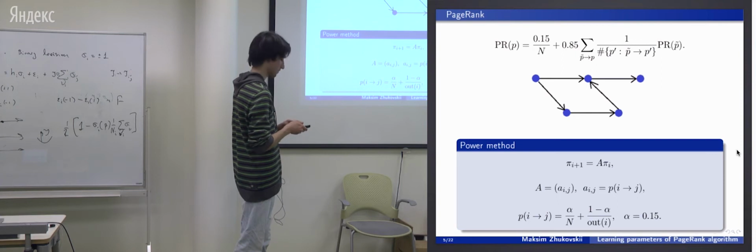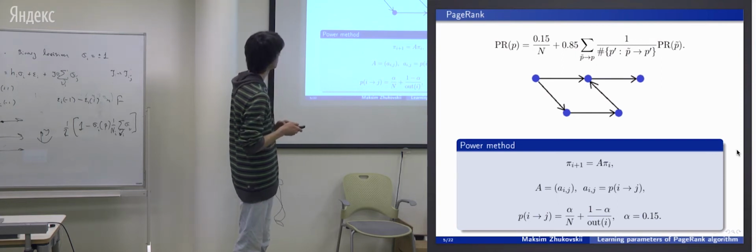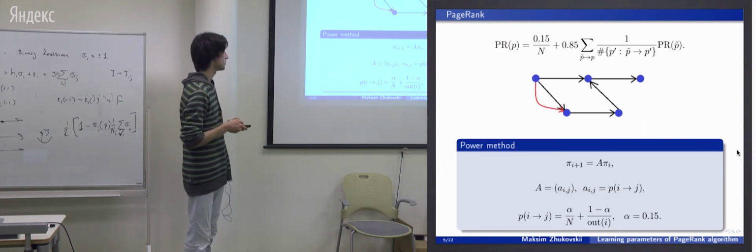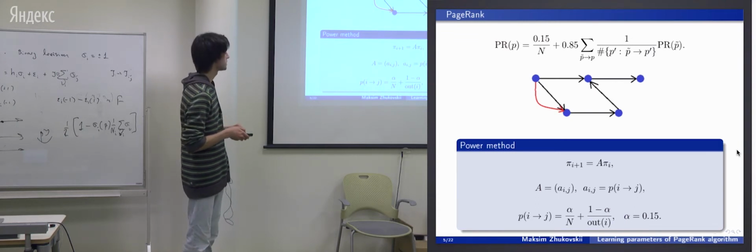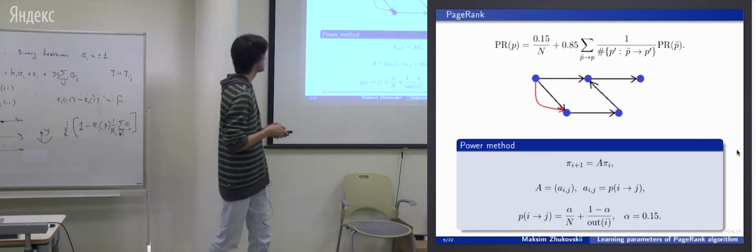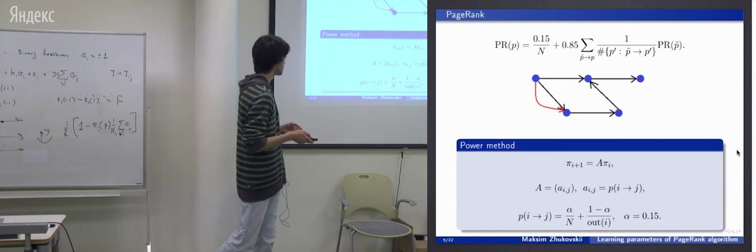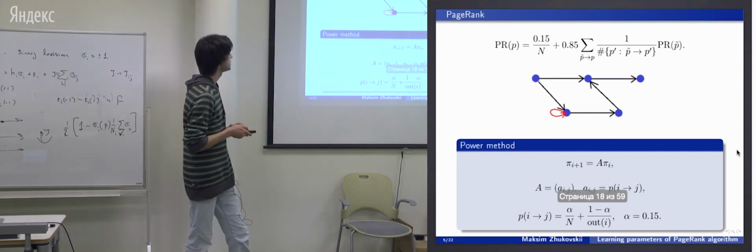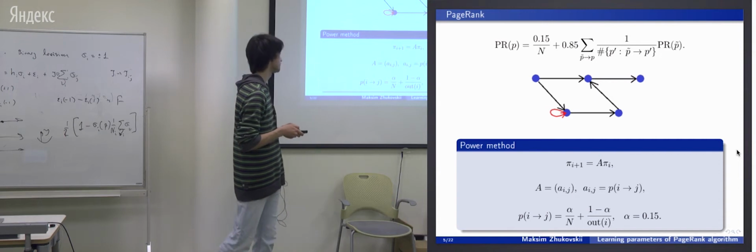And the random walk is the following. At each moment, a surfer chooses either to move from one page to another by an edge with uniform distribution, or to choose uniformly at random a page with probability 0.15.